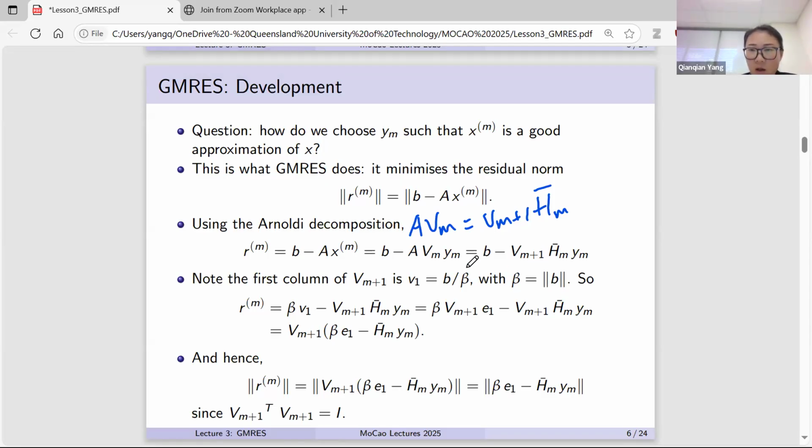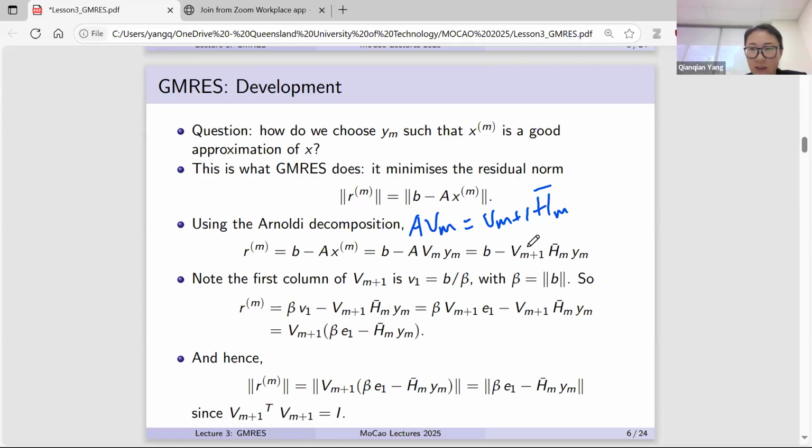Now let's have another look at B. Remember that the first column of V_{m+1} is V1, which is just the B vector normalized, so B divided by its norm. That means B is beta times V1. That's why we have this beta times V1 here.